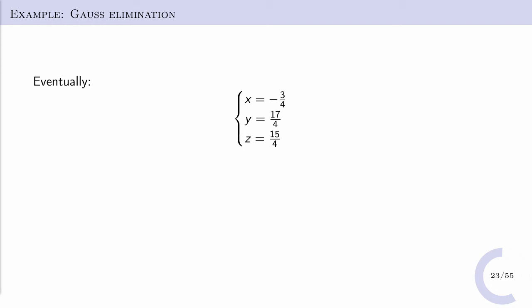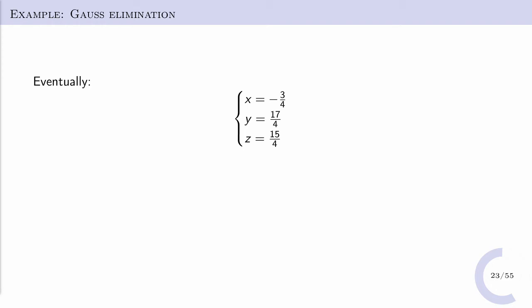So this should give you some intuition about Grobner basis as a generalization of Gauss elimination, but a generalization which works for polynomials of any arbitrary degree, not just for linear polynomials.